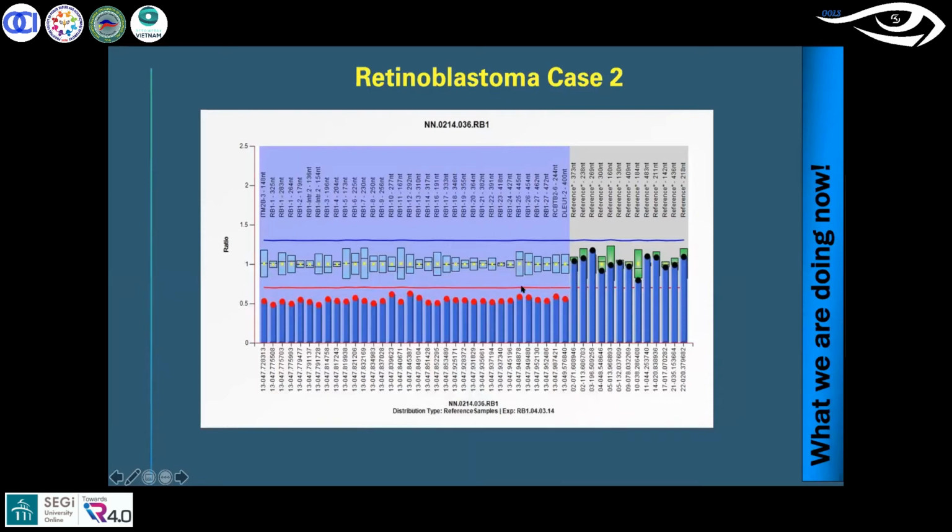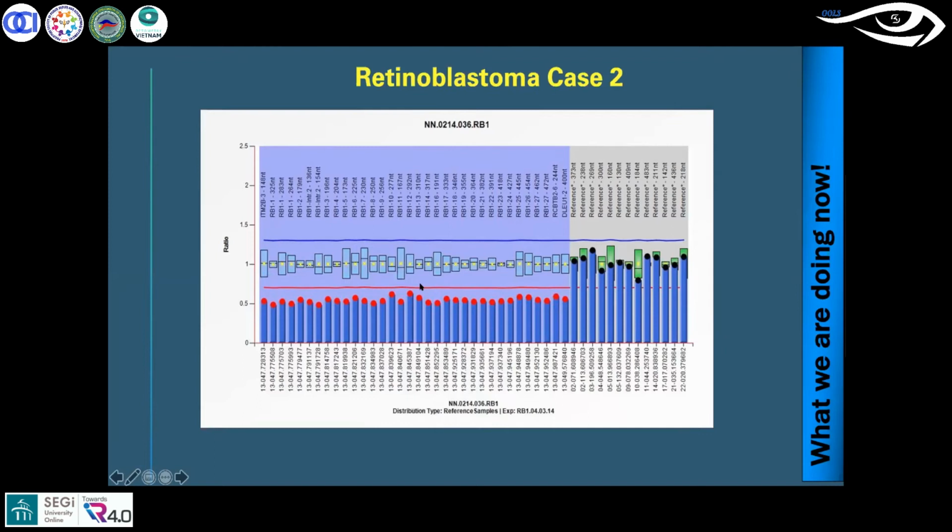This red line is the dividing line, and if you have two copies, then you should have this bar going above the red line. In one of the families we tested, we found that the RB1 gene, which extends from here to here, was deleted. It's called a microdeletion. The whole gene was deleted, and only one copy was there.